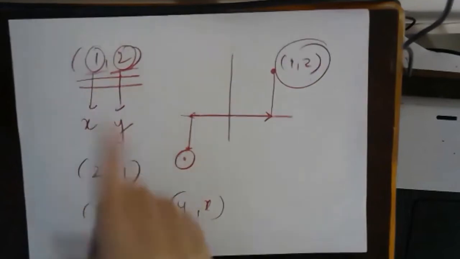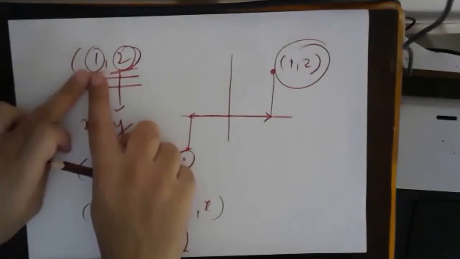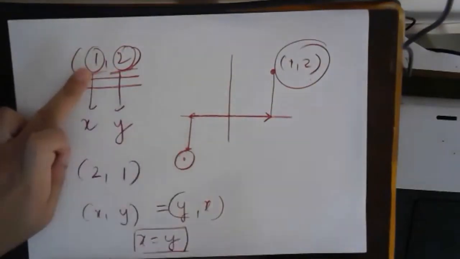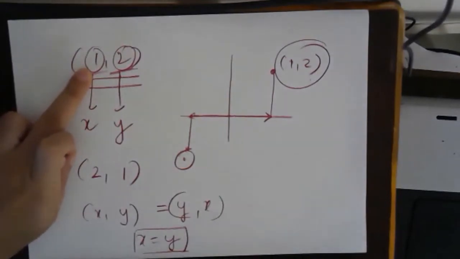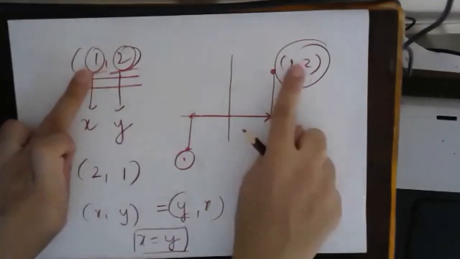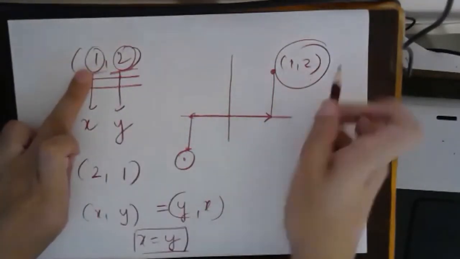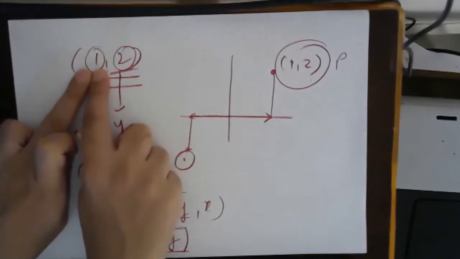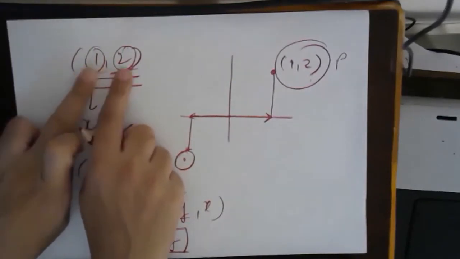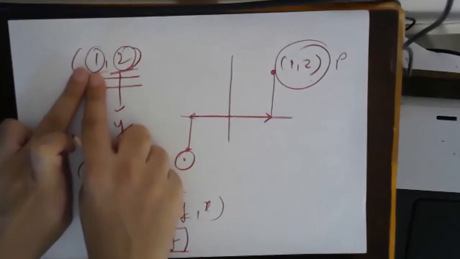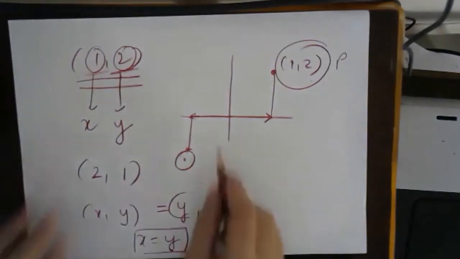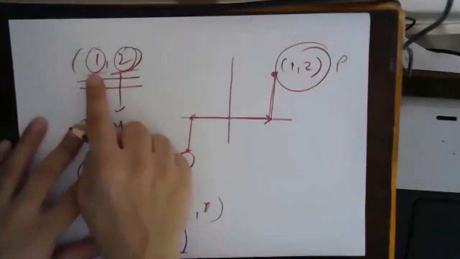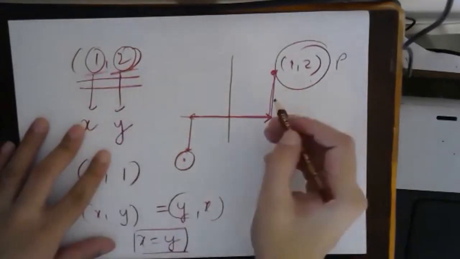Fine. So basically, this is a relation. You can say that there is a link. There is a point P, which is moving 1 on x and 2 on y. That's it. 1 is linked with 2, how?